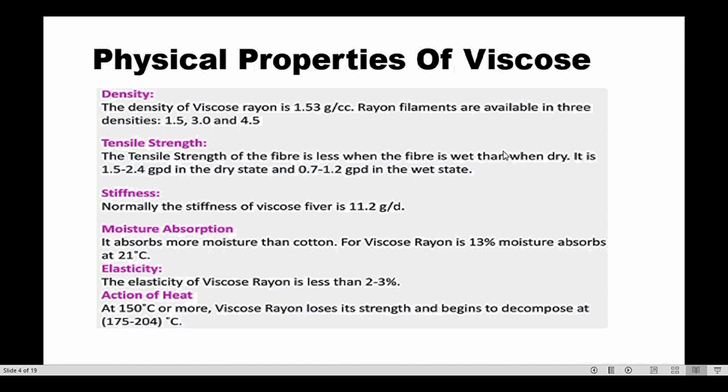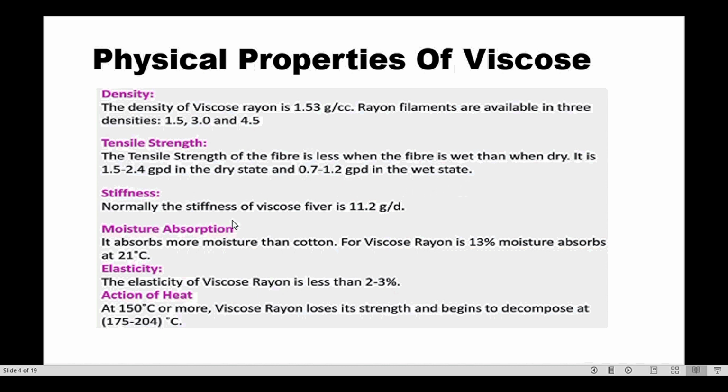Tensile strength of viscose fiber is less when the fiber is wet than when dry. It is 1.5 to 2.4 GPD in the dry state and 0.7 to 1.2 GPD in the wet state.